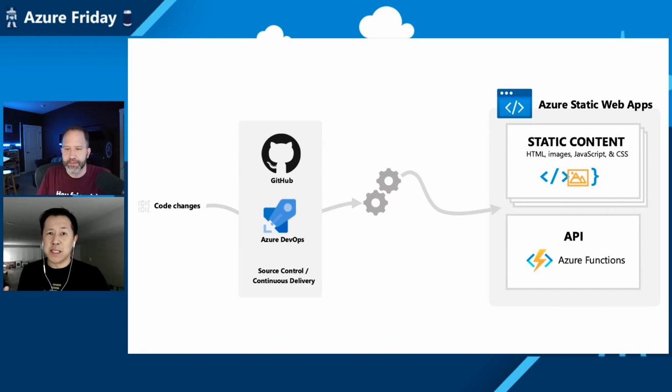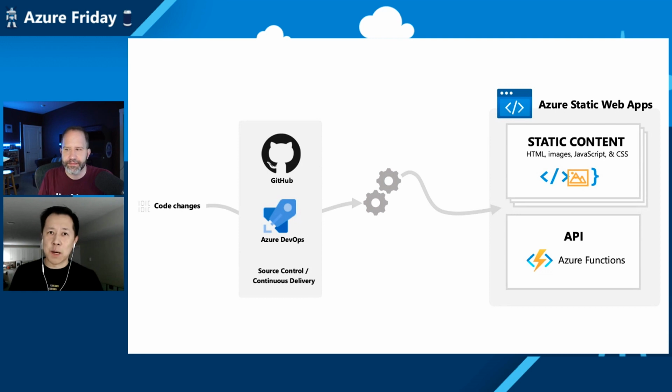And these apps need very different hosting capabilities compared to your ASP.NET or Express.js applications. We need to be able to serve static files really, really quickly. And ideally, we distribute this static content all over the world so that it's super close to your users. So when they try to access your site or your application, it loads really quickly.